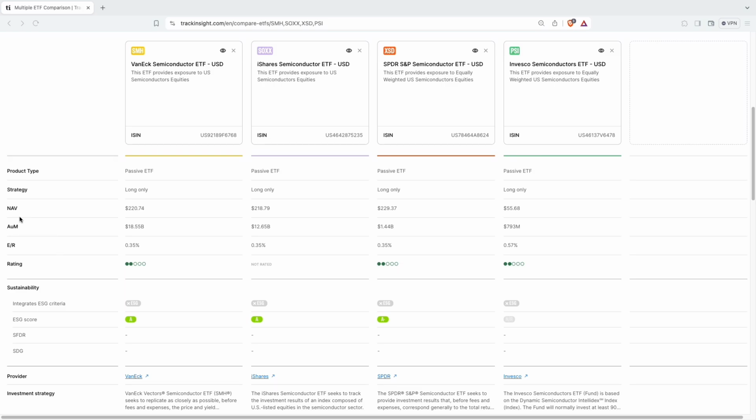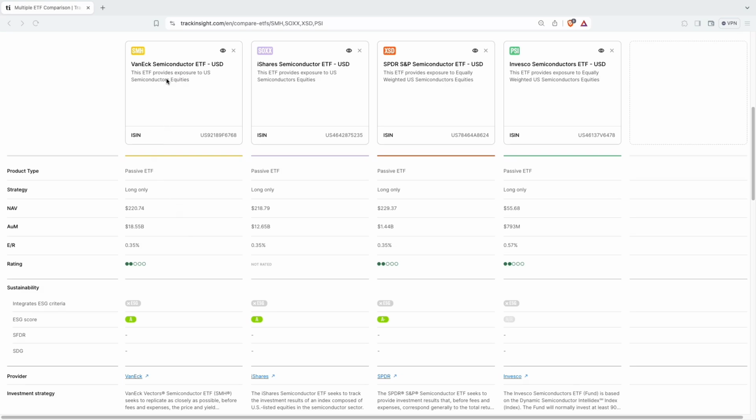Taking a look at the assets under management here, this is the amount of money that's invested in these ETFs. You can see that SMH and SOXX are clearly the dominant ones here, $18 billion, $12 billion, and then there's a steep drop off, $1.44 billion and $793 million. So if you're also looking for investor interest and ETFs that may be a little bit more liquid, you may want to look at the ones that are over here, SMH and SOXX.